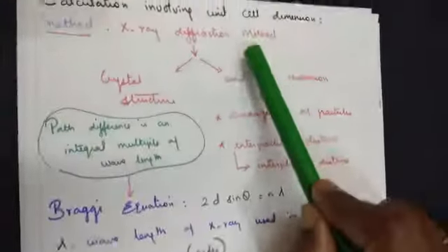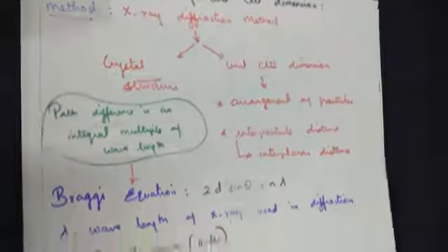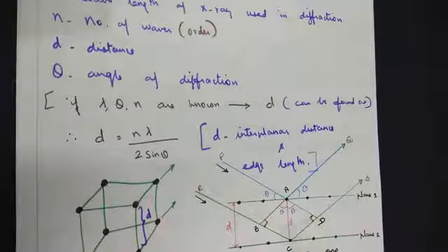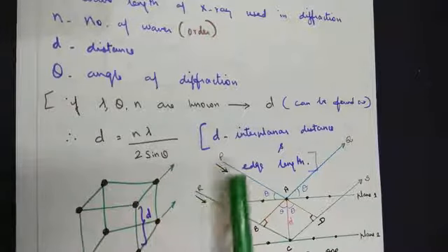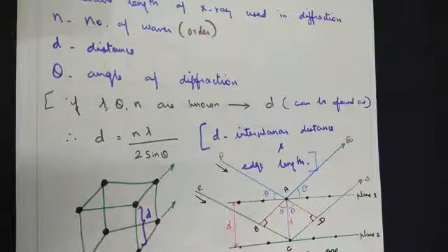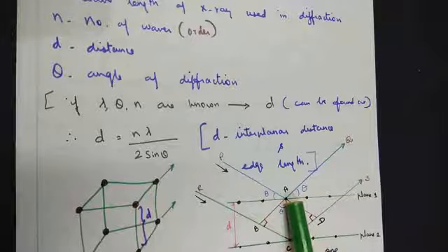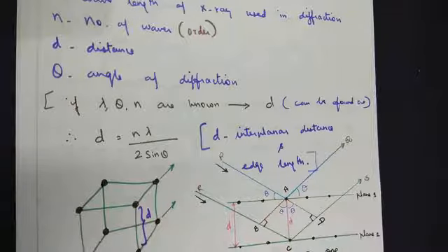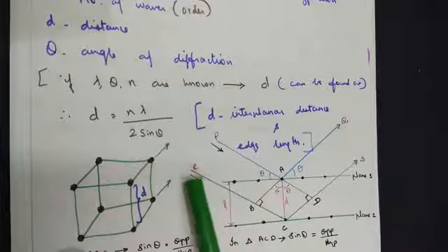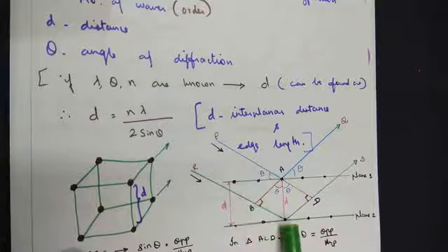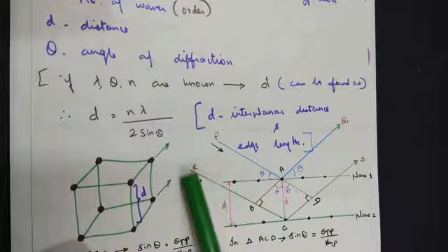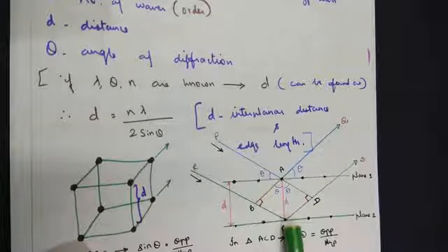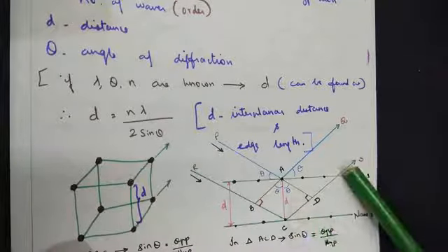In the X-ray diffraction method, X-rays are passed over the crystals, in the direction I have given here. The atoms present here absorb the incoming X-rays, undergo diffraction and finally get reflected. Similarly, in plane 2, I have just taken one atom to show the explanation. The incoming X-rays are absorbed by the atom, undergo diffraction and get reflected.